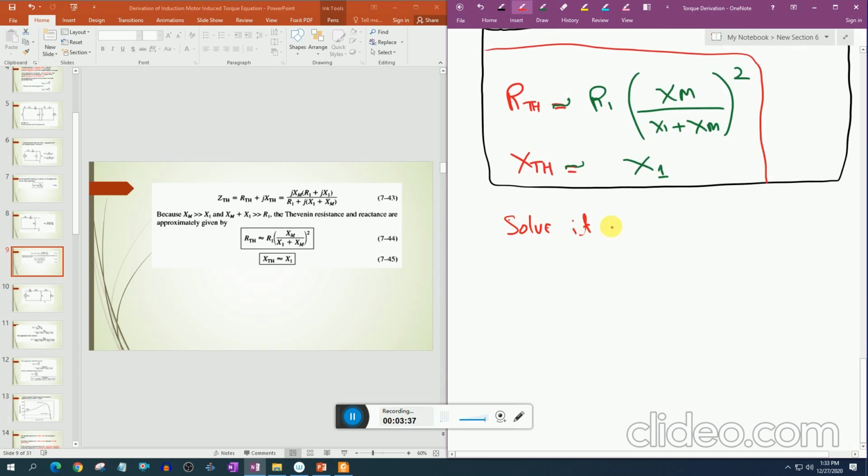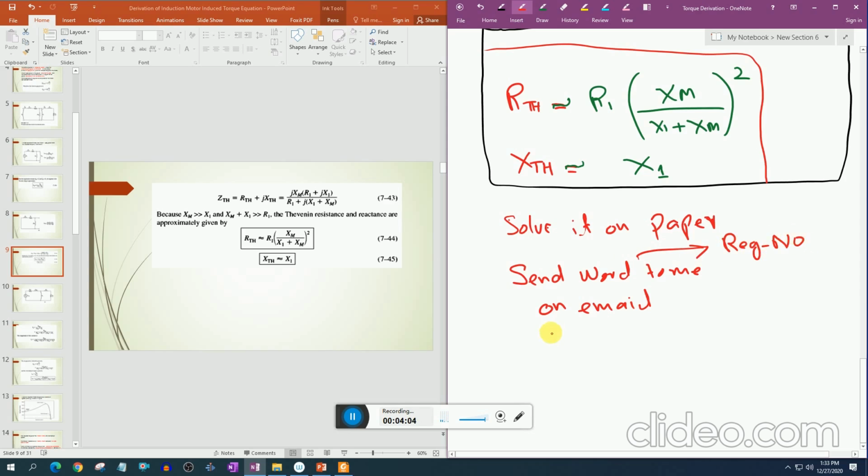Solve it on paper, take a picture and embed it in a Word file and send this Word file to me by email. The Word file name is your registration number. This is your assignment 3 part B.